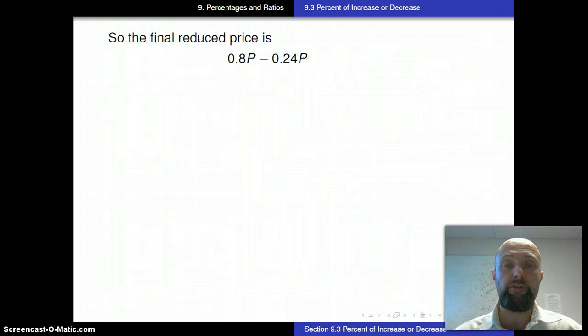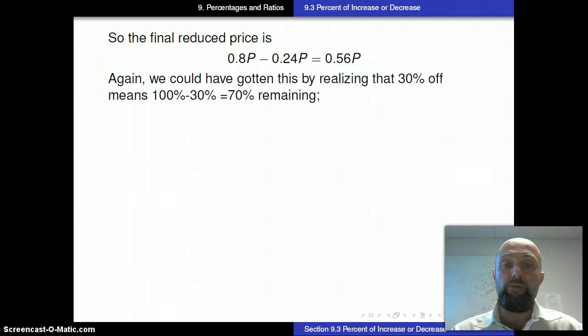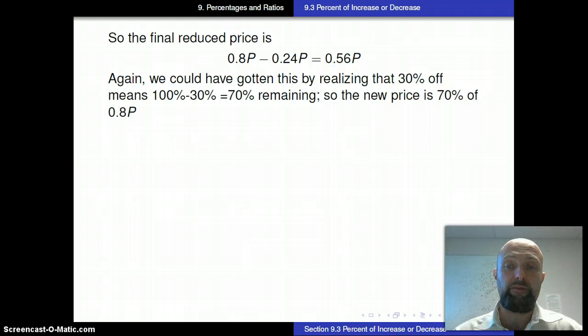So the final reduced price is 0.8P minus 0.24P, which is 0.56P. Again, we could have gotten this by realizing that 30% off means 100% minus 30% is 70% remaining, and 70% of 0.8P is 0.7 times 0.8P, which is 0.56P.